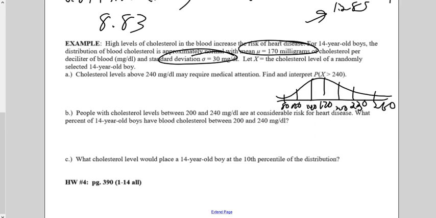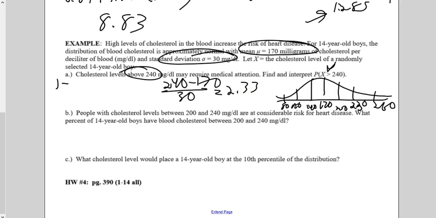So, 240. We're looking for greater than 240. As soon as I see greater than, above 240, I got to have my 1 minus in here. So, 240 minus 170 divided by 30. And that gives me a score of 2.33. That's my z-score.